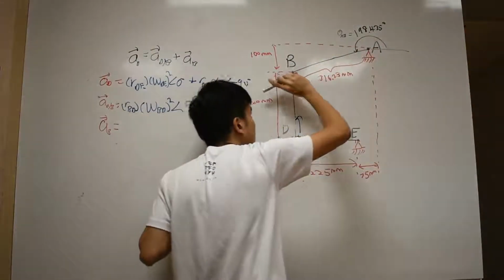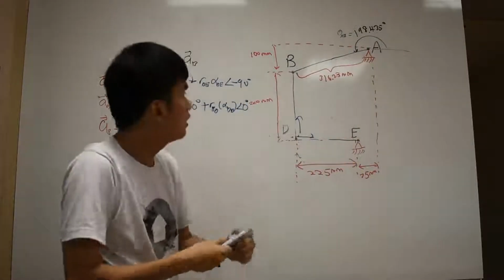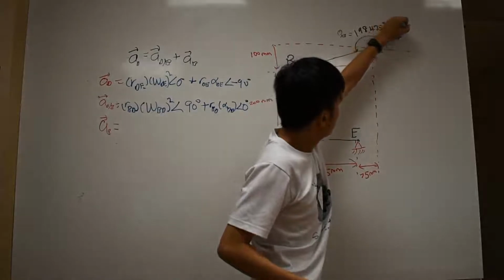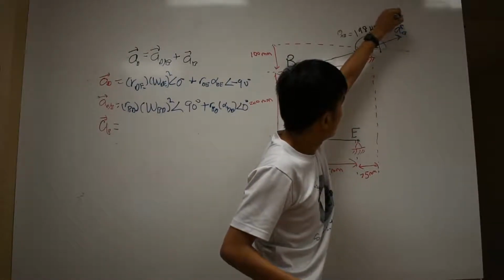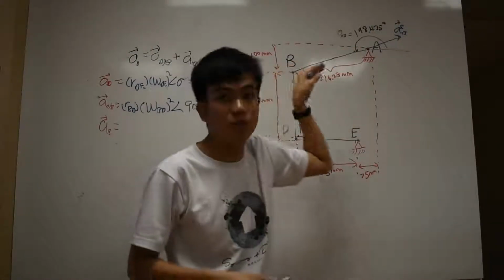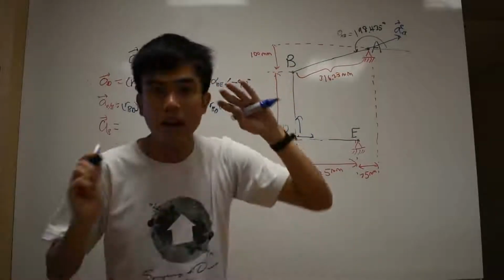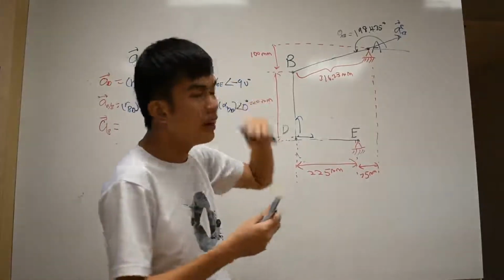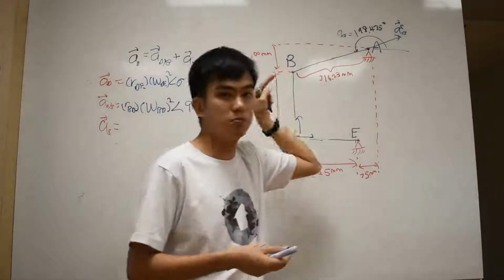So what is the direction here? This is the direction of centripetal acceleration of B, because B has no angular acceleration, so it only has centripetal acceleration, so it's only pointing in this manner.